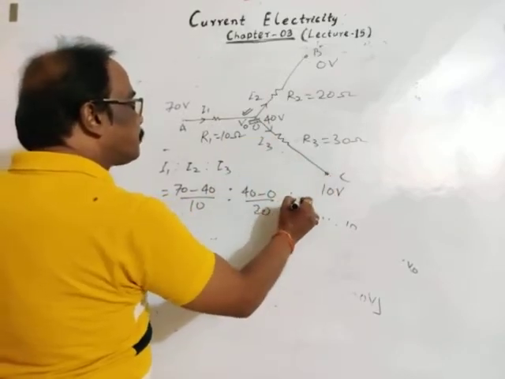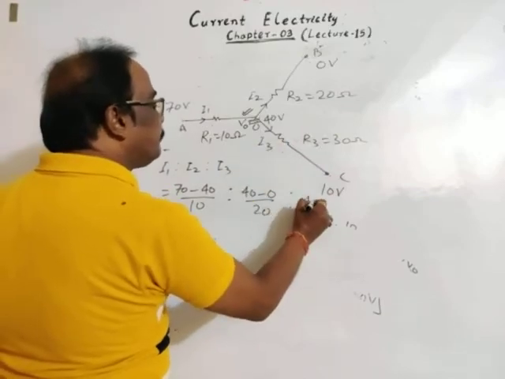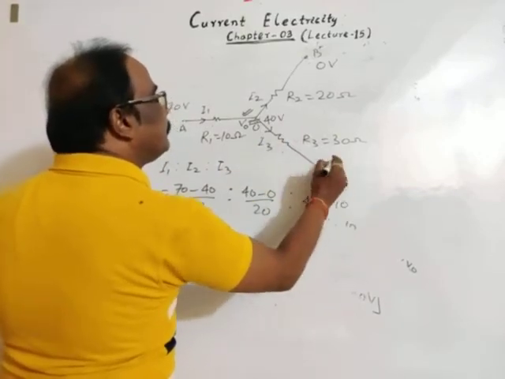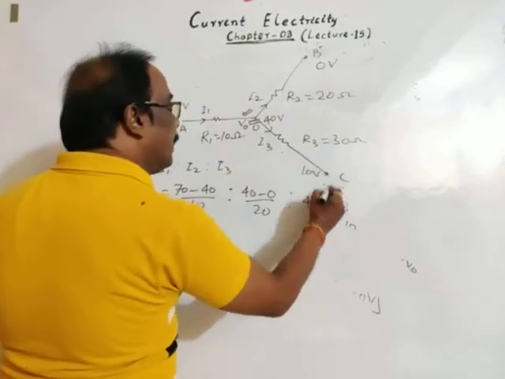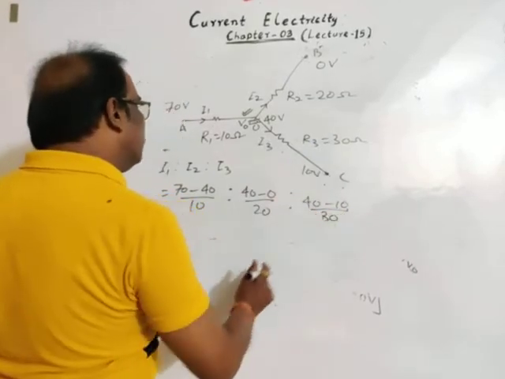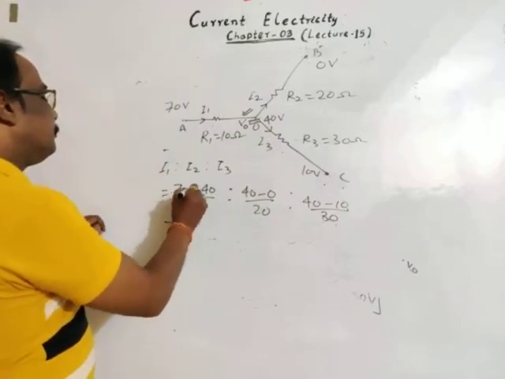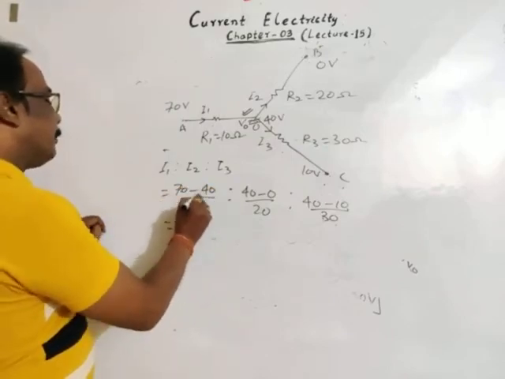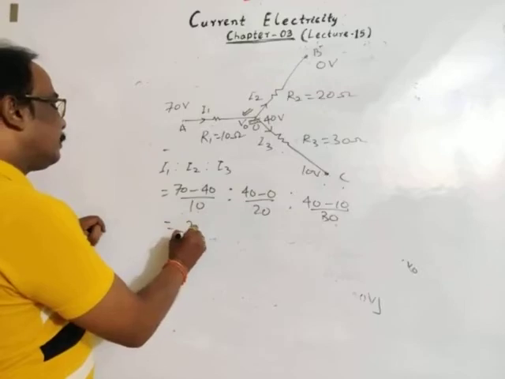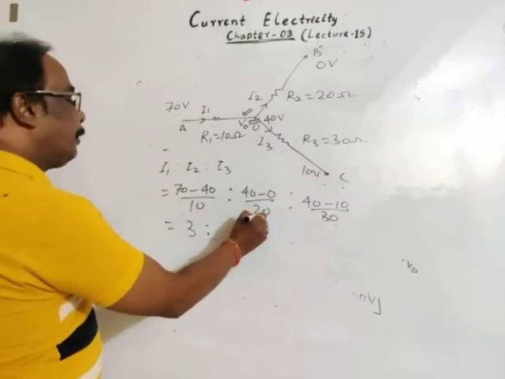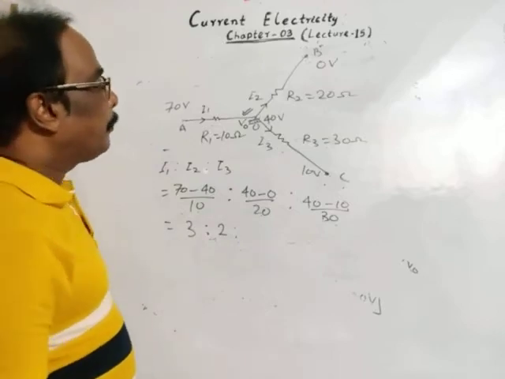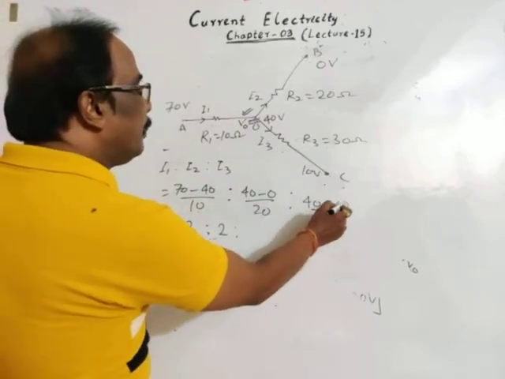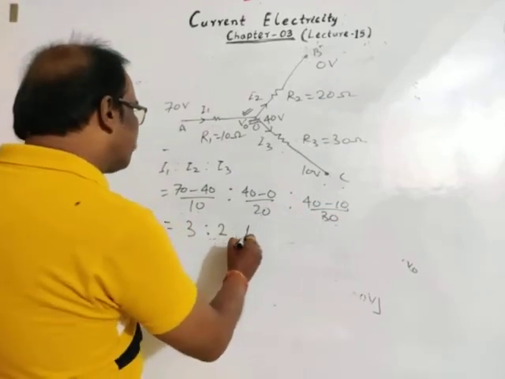I3 along this branch, 40 volt minus 10 volt divided by resistance 30 ohm. Then this will come 70 minus 40, 30 divided by 10, 3. 40 by 20 is 2. 40 minus 10 is 30. 30 by 30 is 1.